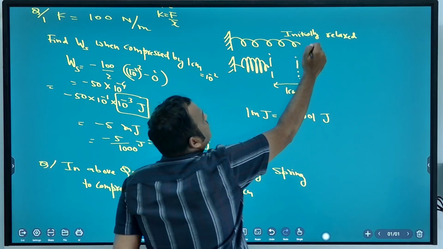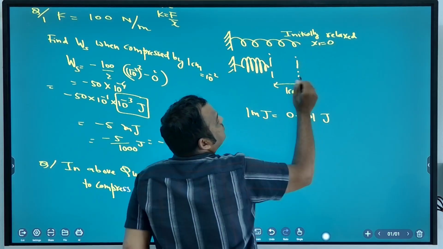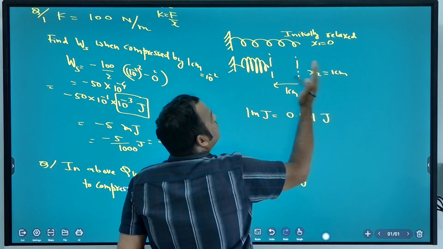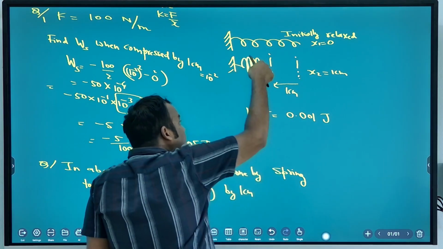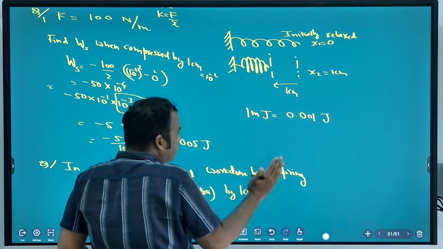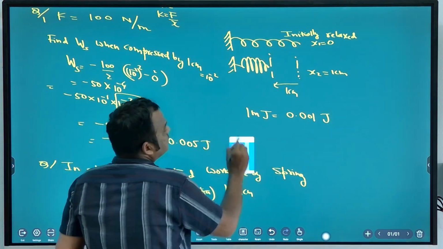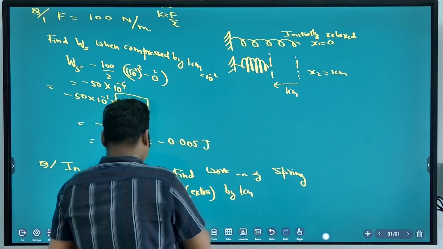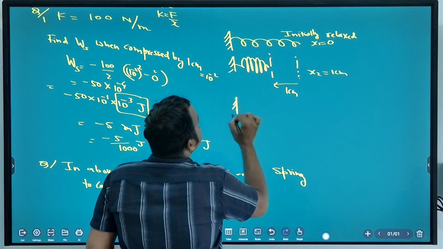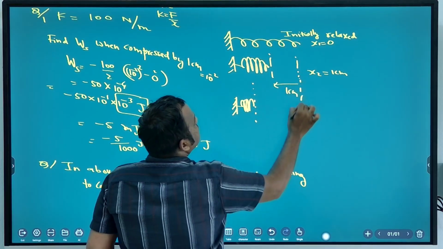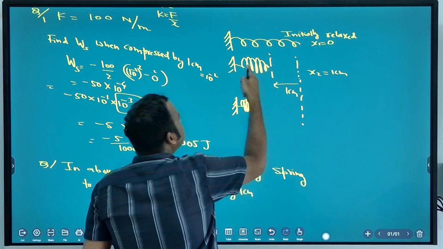So what is the compression? 0. Now compressed. How much it is compressed? 1 centimeter. Okay. Now from here you are further compressing, like this. From here further you are compressing.